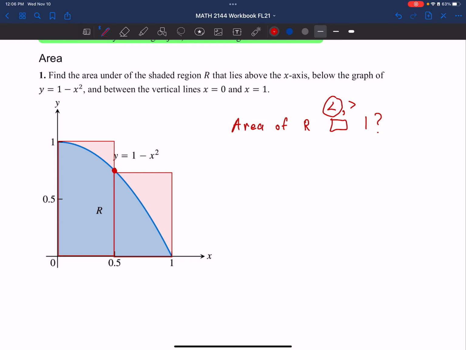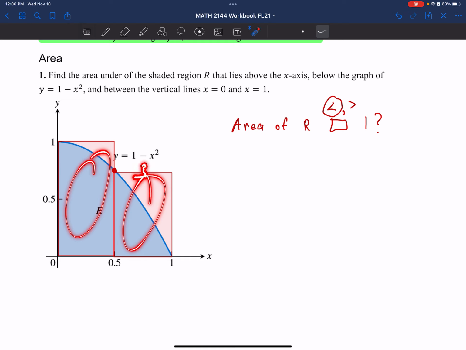As Emma pointed out, if we had a 1 by 1 square, we could figure out the area is 1, but that was definitely too much. So instead of a 1 by 1 square, let's start using little rectangles. If we look at this, we can find the area of these two red regions by finding the area of the individual ones and adding them.